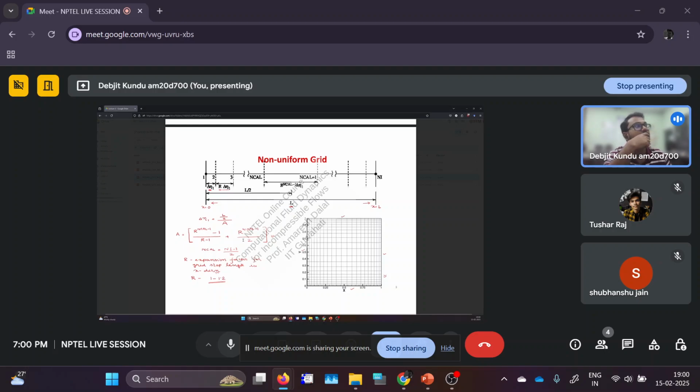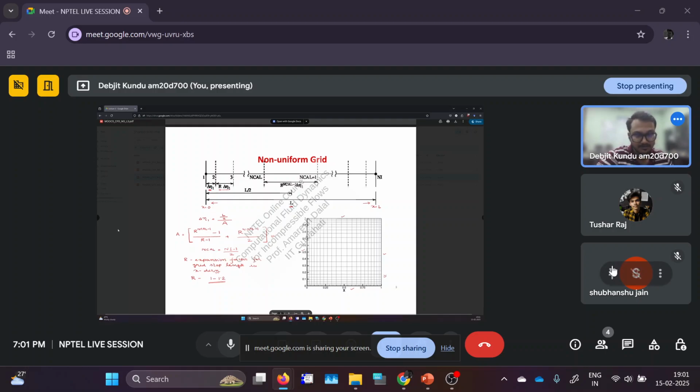This one's fine, but I think there should be an i somewhere in this equation, meaning that the value of A should change depending on which point I'm at. Okay, I'll look into this in more detail and we will discuss this the next day, okay? I'm sorry, I can't really figure it out right now.